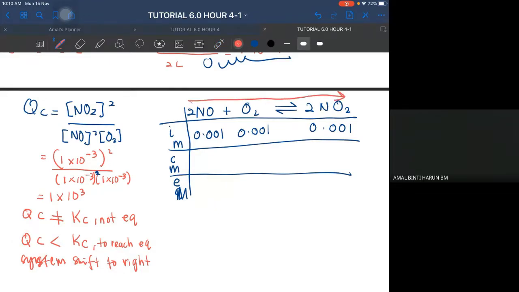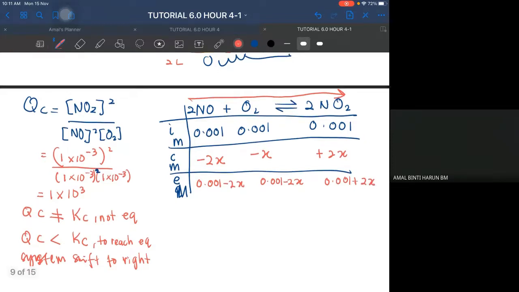If shift to the right, the reactant will reduce by 2x, ini minus x, and the product will form by 2x. Setuju sampai sini? Boleh follow? Okay, lepas tu, at equilibrium is 0.001 minus 2x, 0.001 minus x, and 0.001 plus 2x.